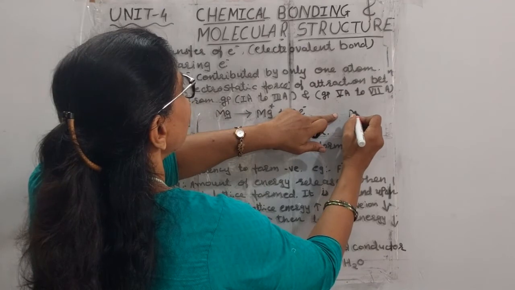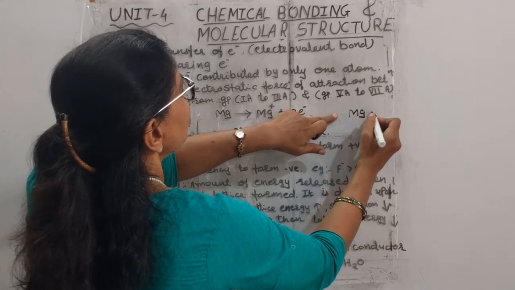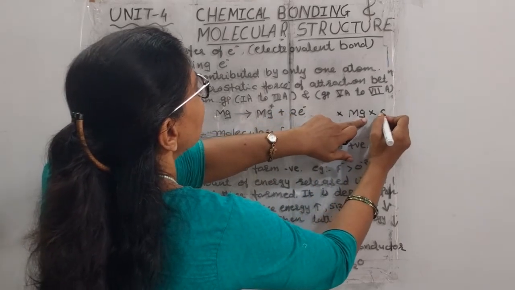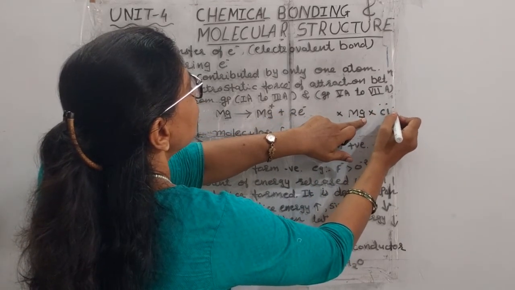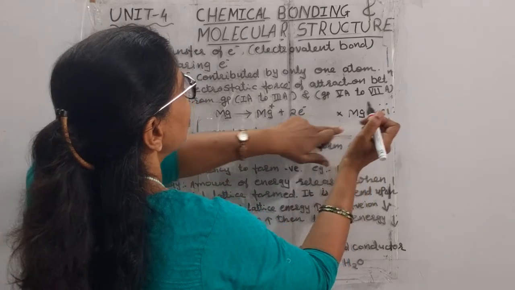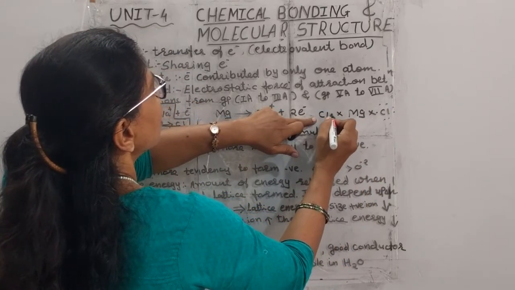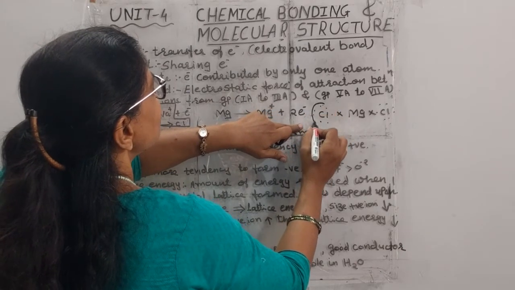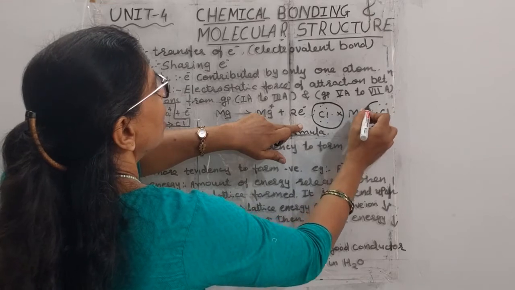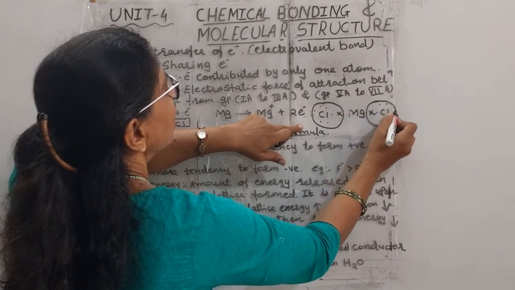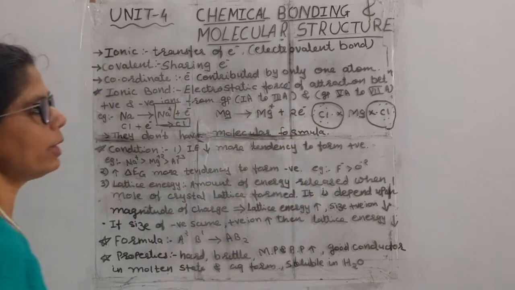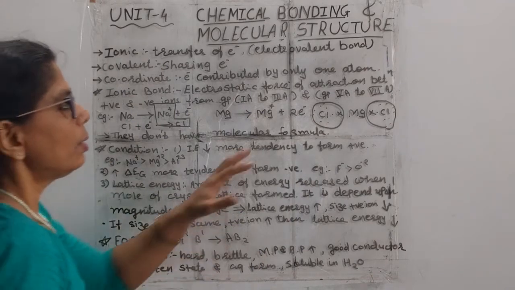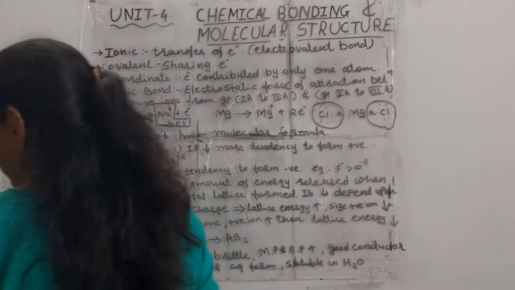Magnesium donates 1 electron to this and 1 electron to this, and here you have chlorine: 1, 2, 3, 4, 5, 6 and 7. Same way here 1, 2, 3, 4, 5, 6 and 7. So you can see, students, this way chlorine has completed its octet and magnesium has donated its electrons.